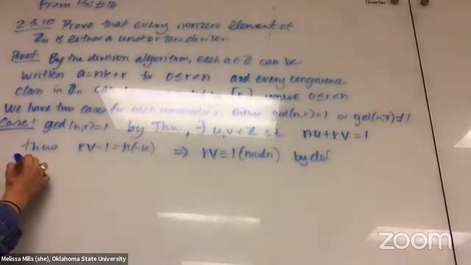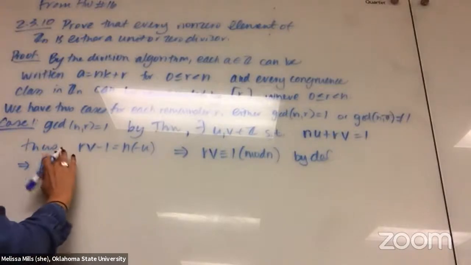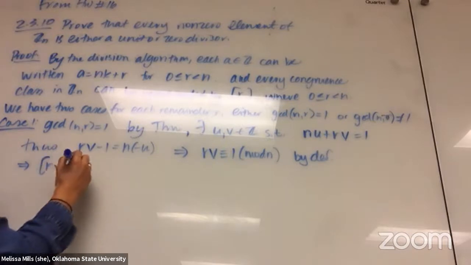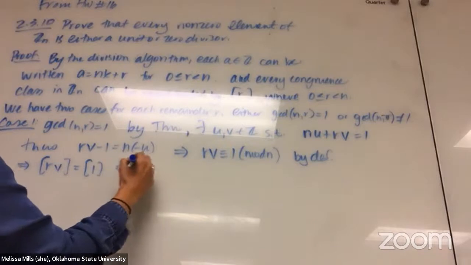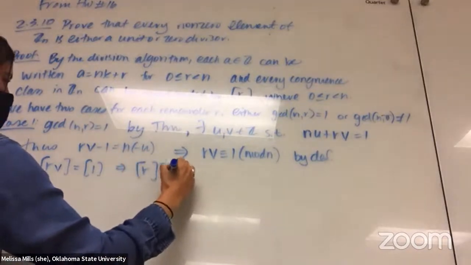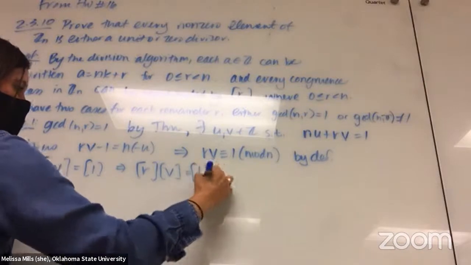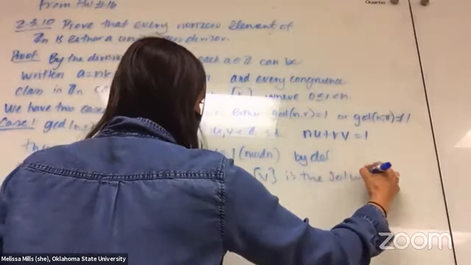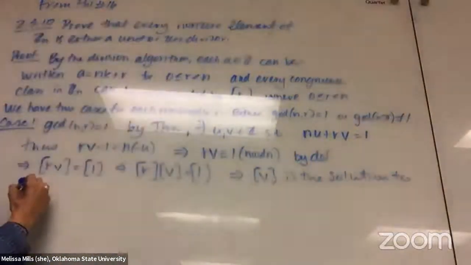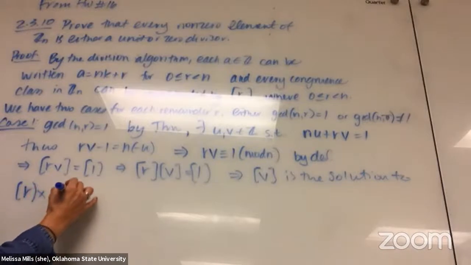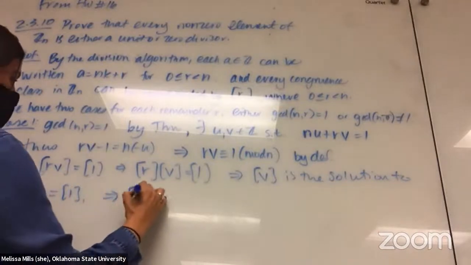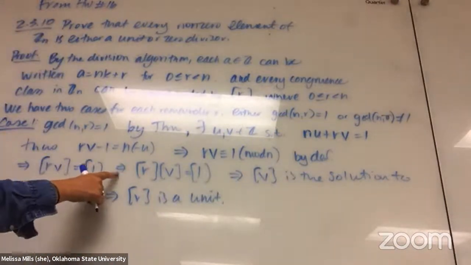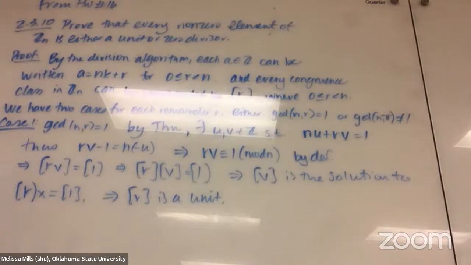And then that means RV is 1, and that implies that V is the solution to the equation Rx equals 1. And that means that R is a unit. Sorry, I keep using this implies arrow instead of words, but is that okay?